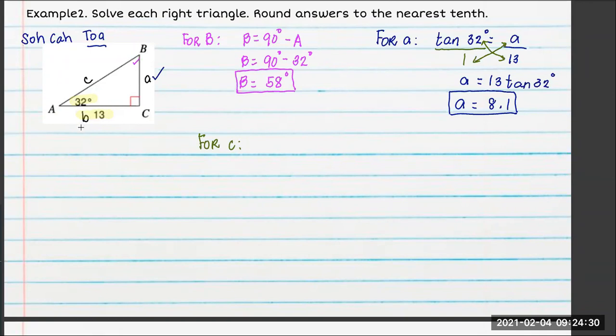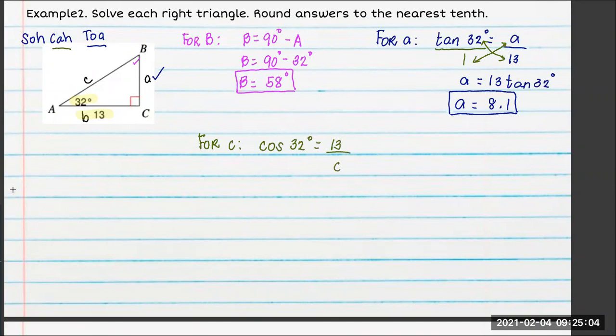So you have the adjacent side and the hypotenuse. What function would that be? Adjacent and hypotenuse, you have to use the cosine. So cosine of the angle, cosine 32 degrees, is equal to the adjacent side, which is 13, over the hypotenuse, which is your C.